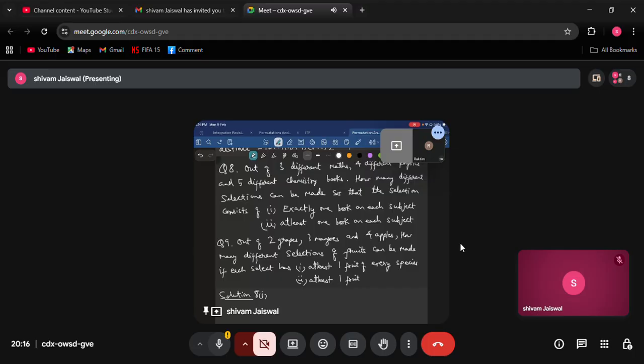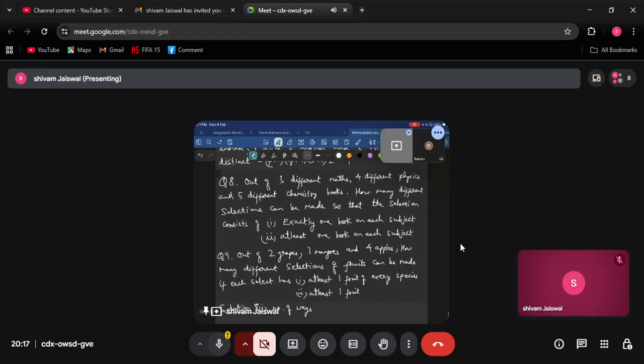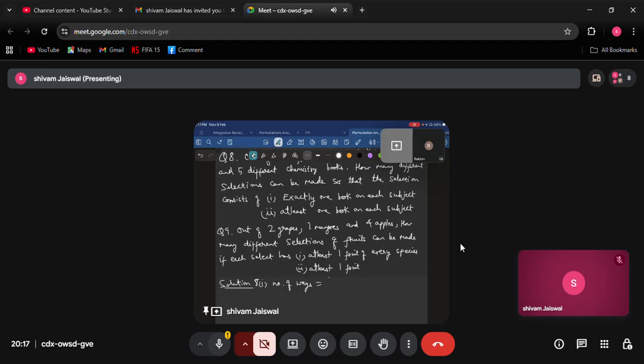Three. 3C1, right? In how many ways can you select one physics book? So 3C1 into 4C1 into 5C1, right? Done. This is your answer.